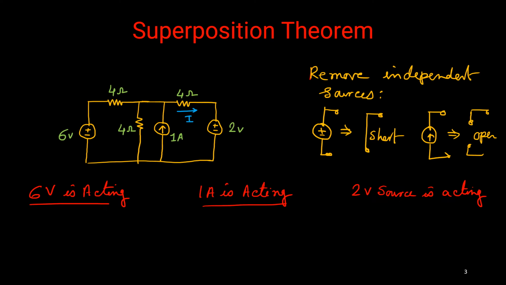So when the 6 volt source is acting, then we will remove this current source by open circuit, and this voltage source by short circuit. Then we will draw the circuit. So this 6 volt source is acting alone.